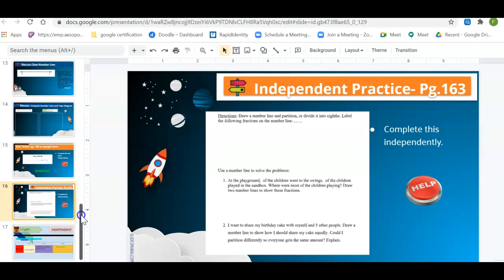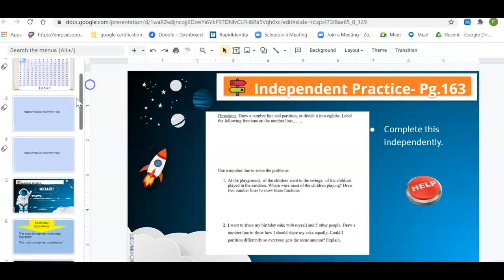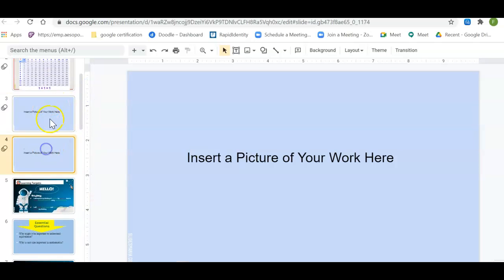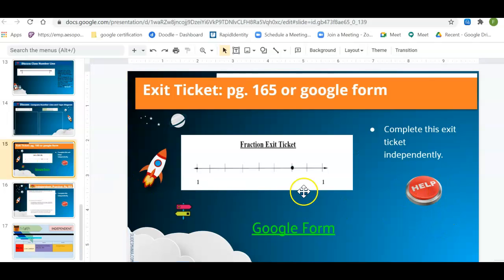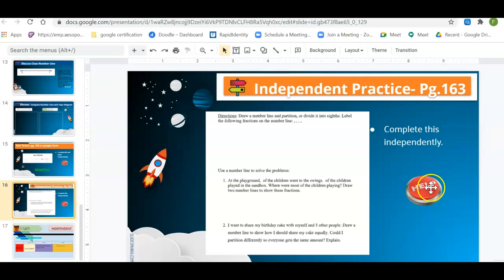And after you take a picture of your work, you're going to go back up and insert it into one of these slides right here. Whichever one you have available, insert a picture of your work up there. And remember, if you need a short refresher or help video, you can click right here and there'll be a short video that's helping you with number lines.